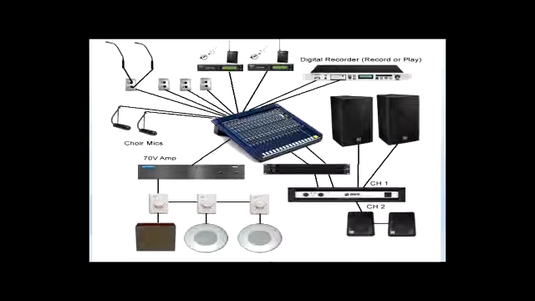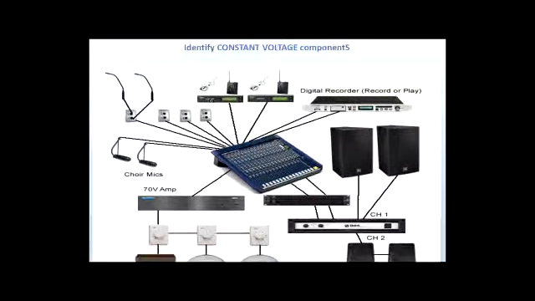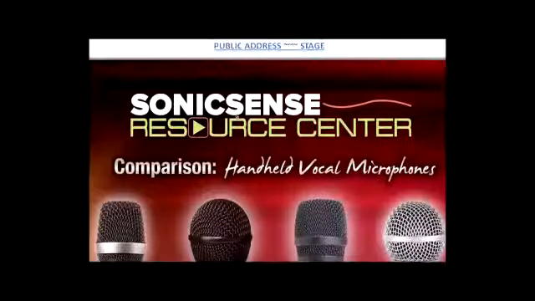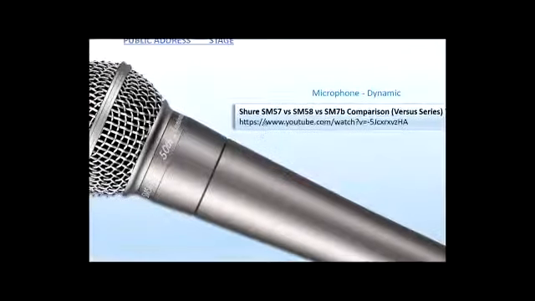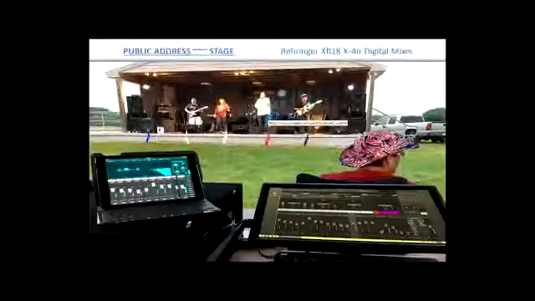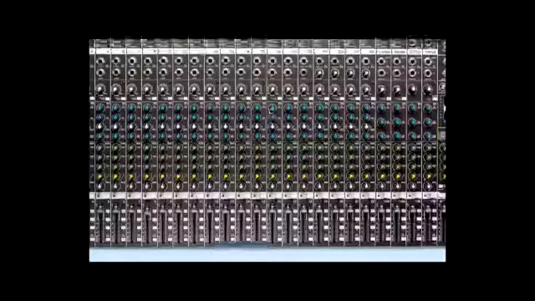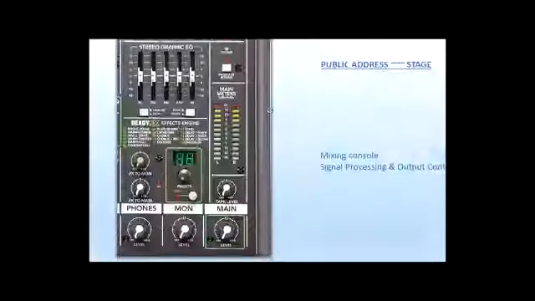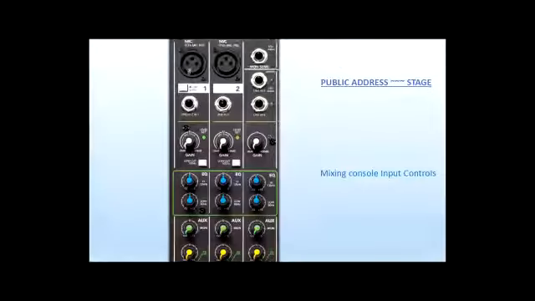Now they are designed in such a way that even if the phantom power is on... where's my mixing board magnification? Right here, right? The phantom power is going to be supplied onto a couple of the prongs.